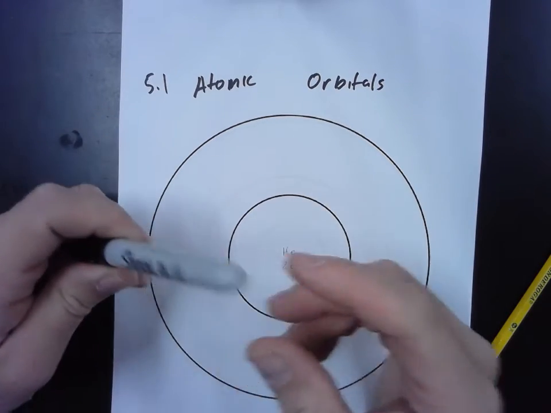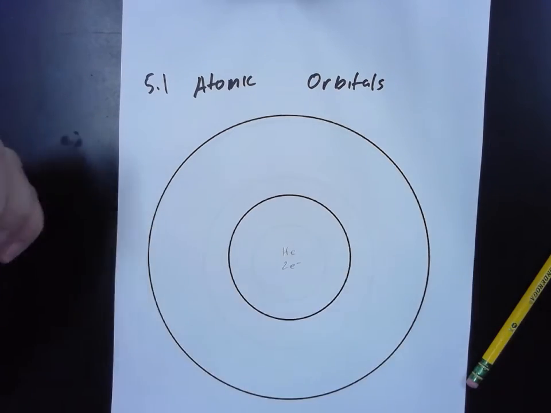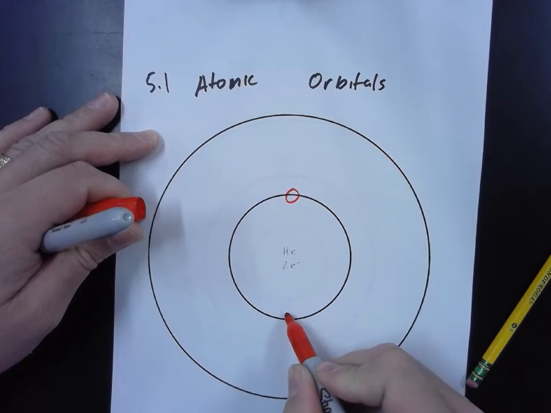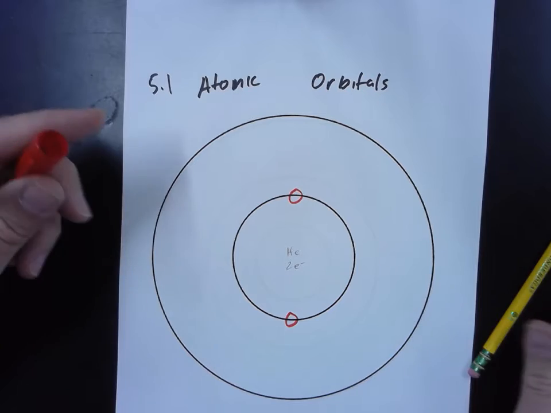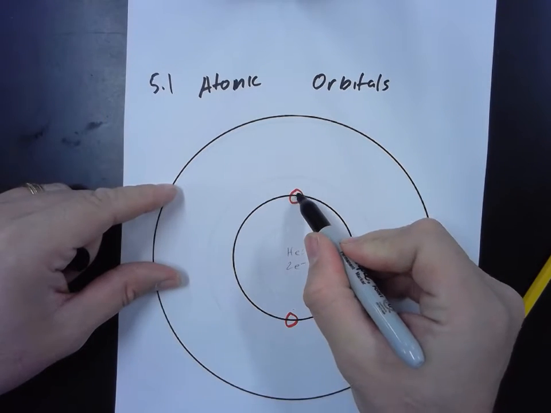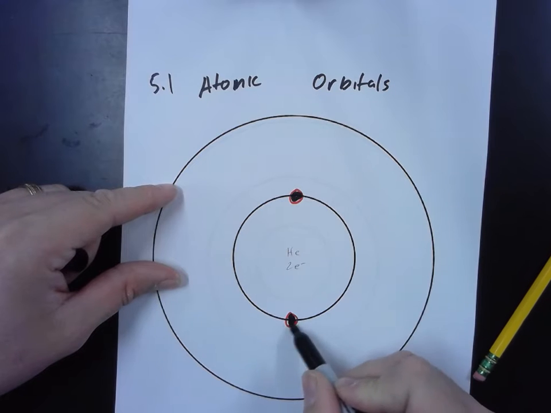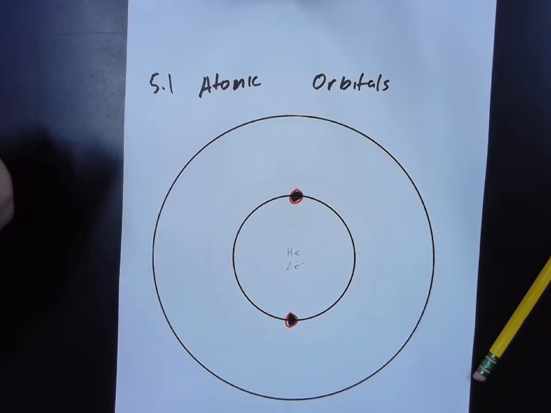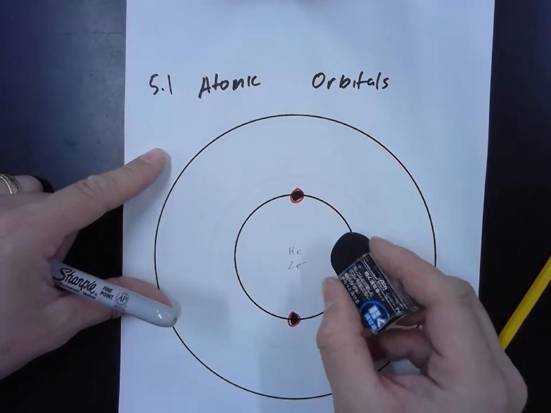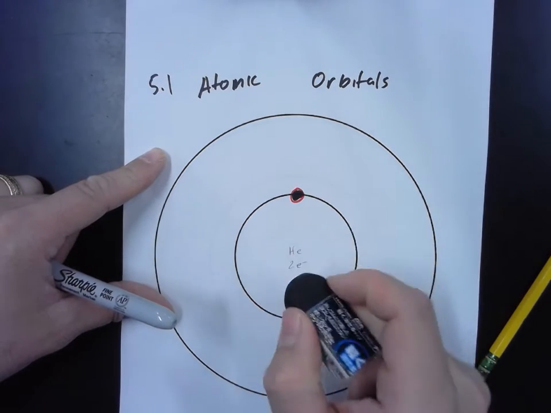In the case of helium, it's very simple. You would just write 2. The first row has 2 seats, and in helium's case, these 2 seats fill up with electrons very quickly. So that's helium. You'll want to do a separate diagram in your notebook for each example.